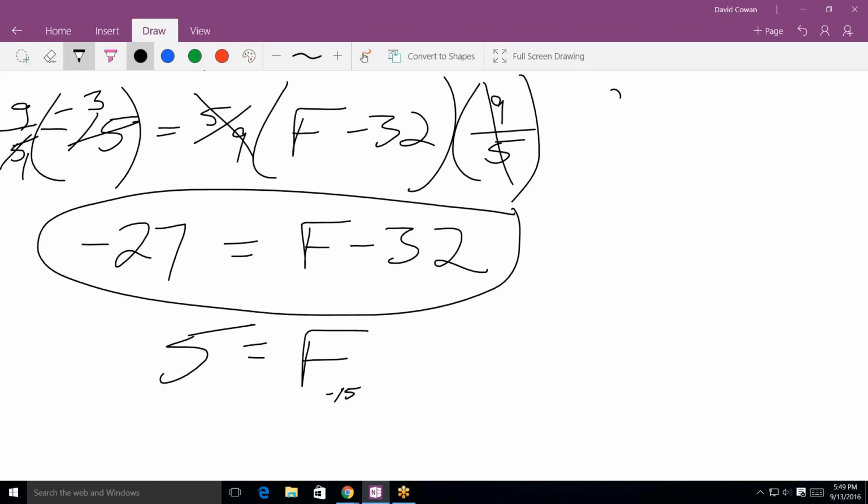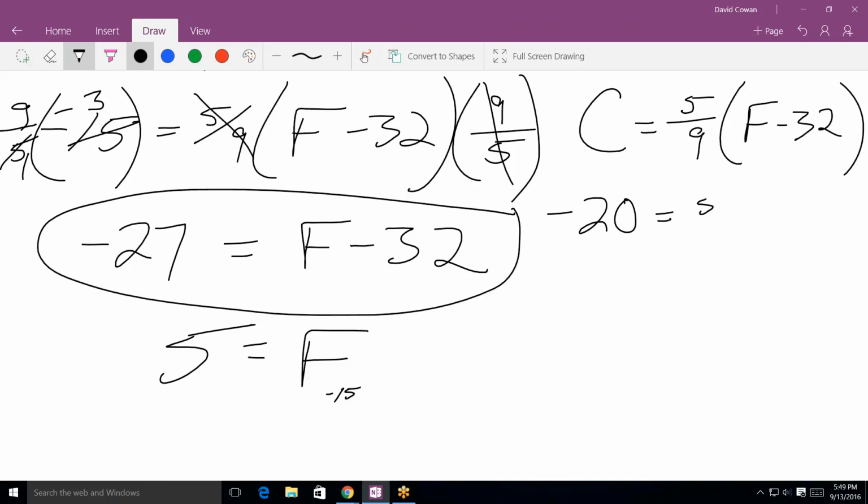Well, we still have this equation. This equation is always true. That is the relationship between Celsius and Fahrenheit. Only this time, it's not minus 15, it's minus 20.